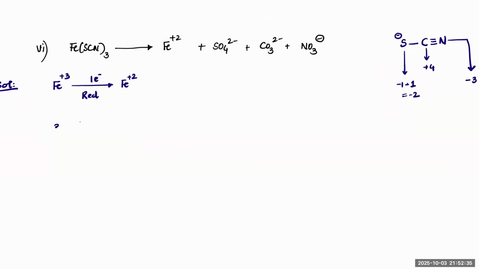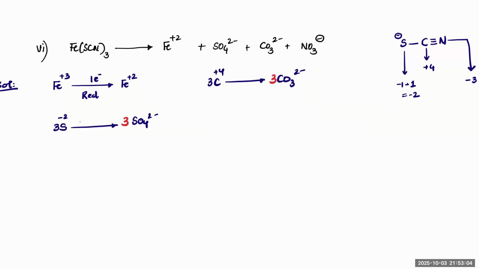So I can see there are 3 sulfurs. This is the usual mistake. Check out how many compounds are given. 3 sulfurs. Each sulfur is carrying -2, and that is converting into SO4 2-. Similarly, 3 carbons are involved. Each carbon is carrying a +4 charge, and that is converting into CO3 2-. And the number of electrons given and taken should be the same. So 3 here and 3 here.